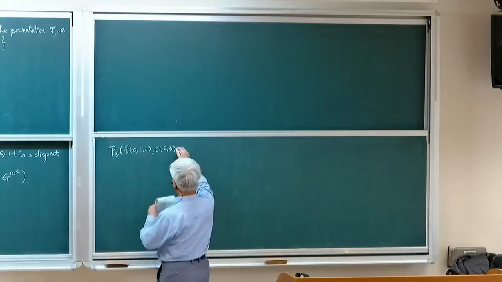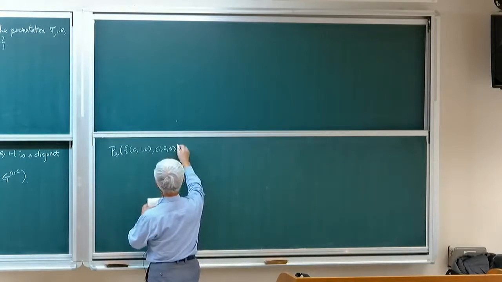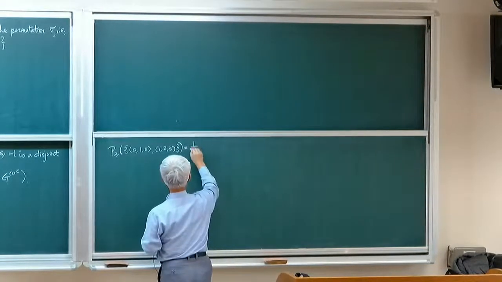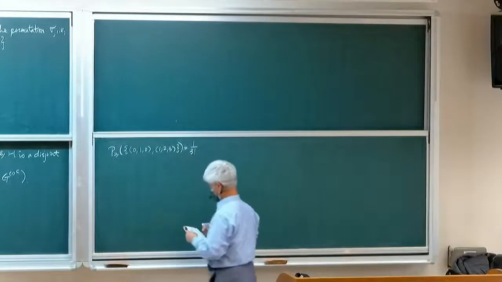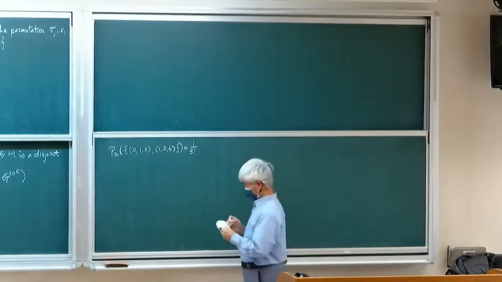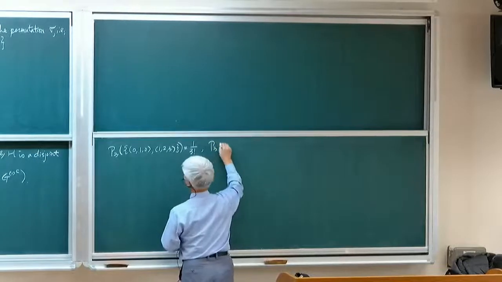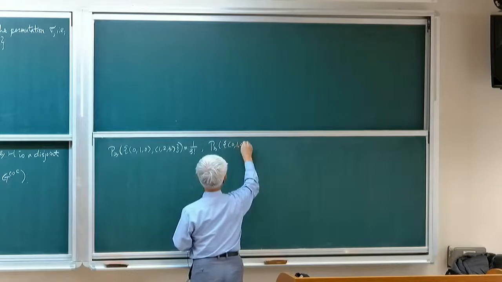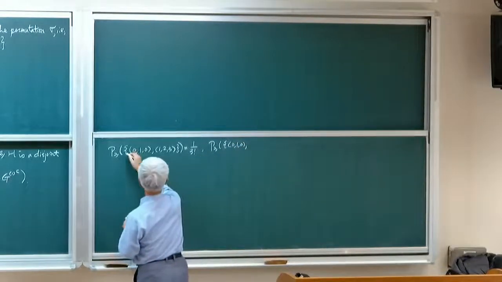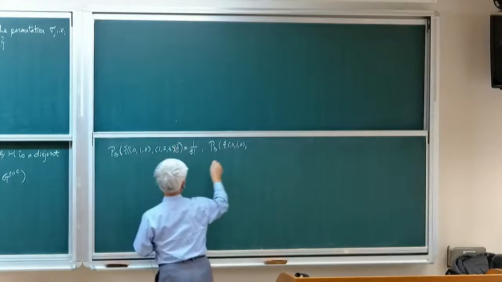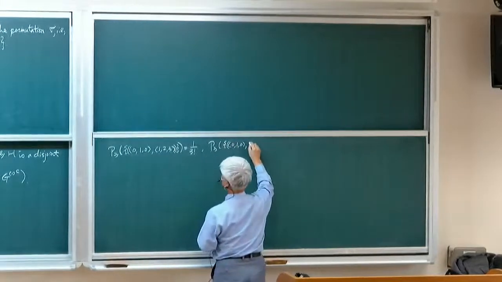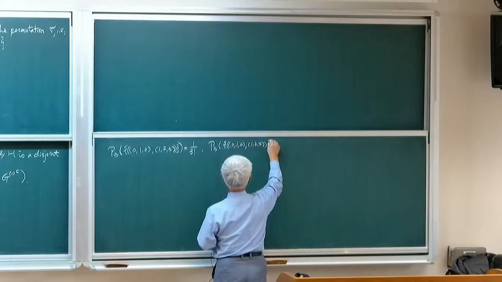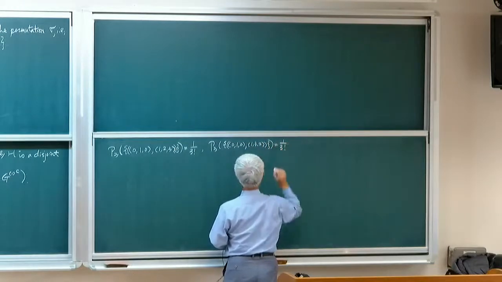So this atomic event will have probability 1 over 3 factorial, for example 0, 1, 0 with card order 1, 3, 2.